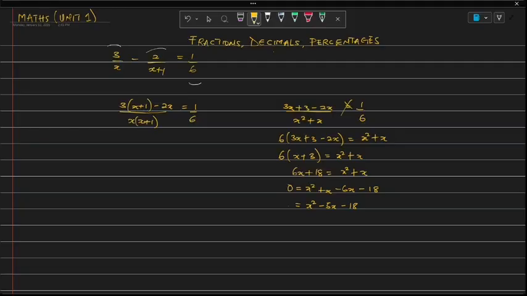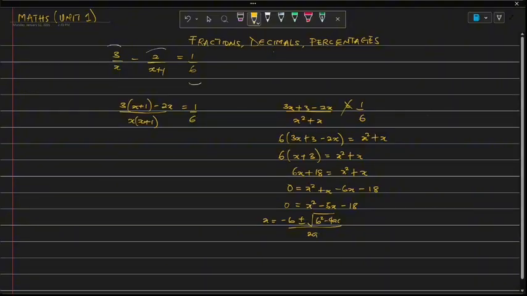You could think of sum and product, but I'm not sure sum and product will be able to solve this. Let's just use the quadratic formula. You can recall that the quadratic formula states that x is equal to minus b plus or minus the root of b squared minus 4ac, all over 2a.